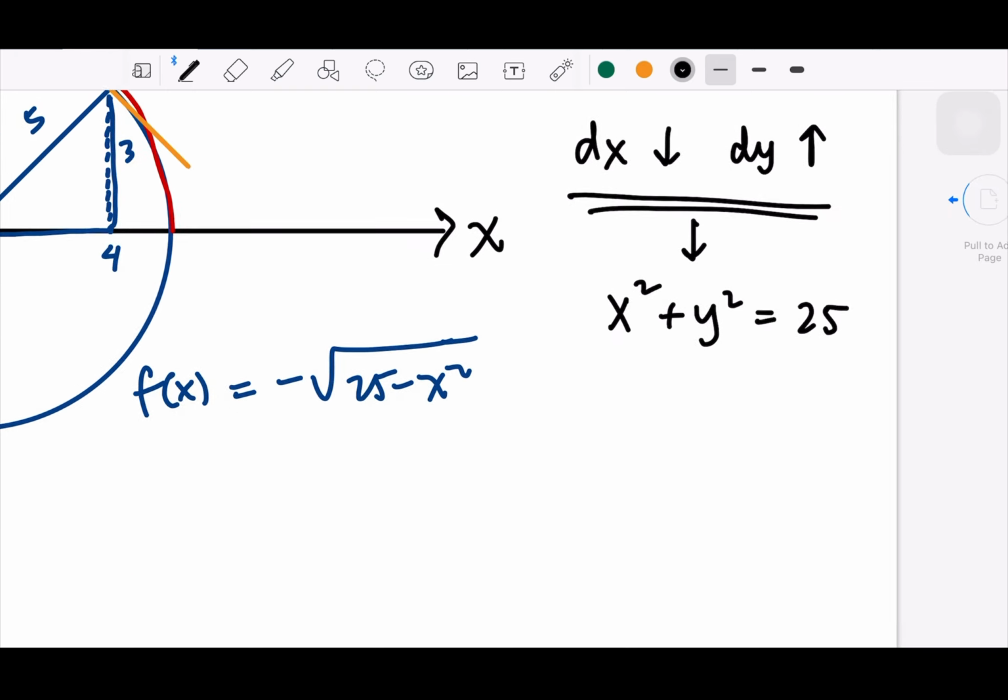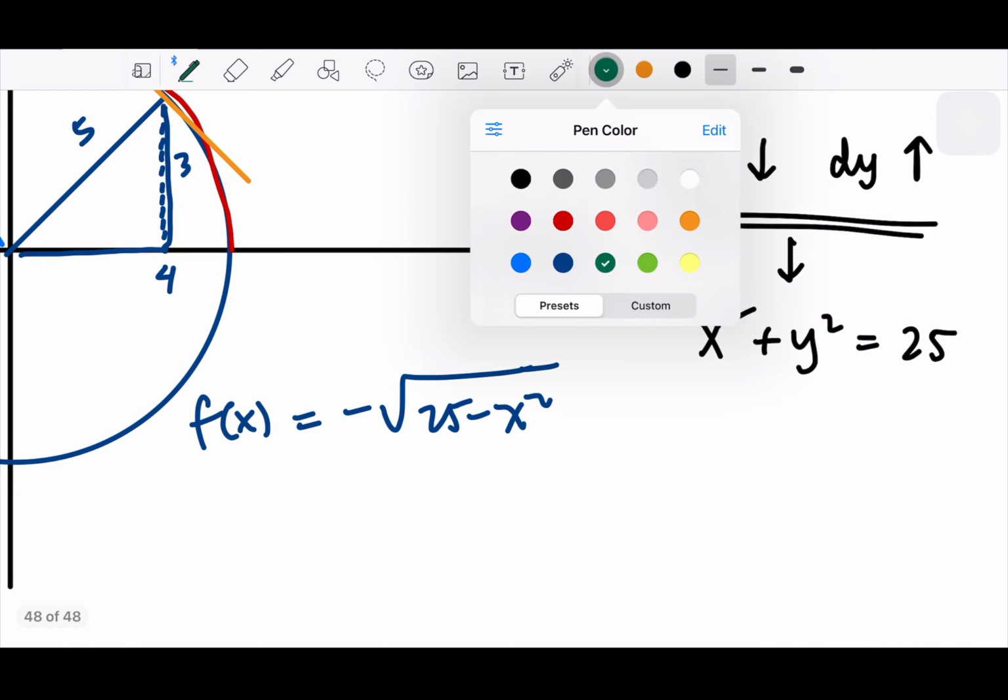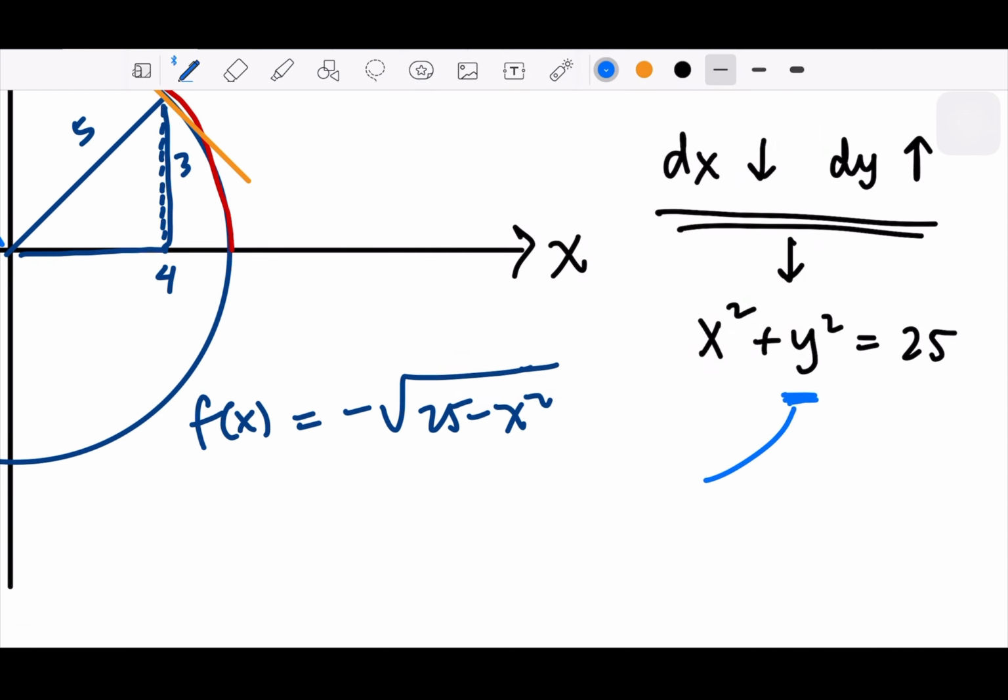Now, the idea here is, because y is not equal to f of x. Although we can take the approach that we may have two kinds of functions, positive and negative, still, if you think of the circle, y is not a function of x.